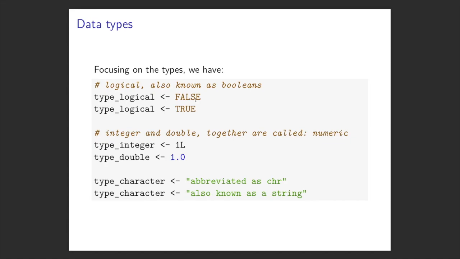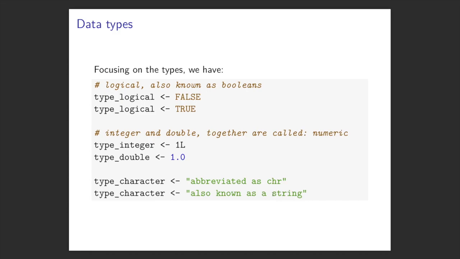We'll come back to NA. We have integers, which are like integers in math, 1, 27, negative 527, and doubles, which we can think of as numbers with decimals. So R sometimes will take the number 1 if it doesn't have this L here, and it'll consider it a double. So if you really want to distinguish between integers, you add an L. Finally, we have characters. Characters are things that are put in quotes. Sometimes we call them strings.